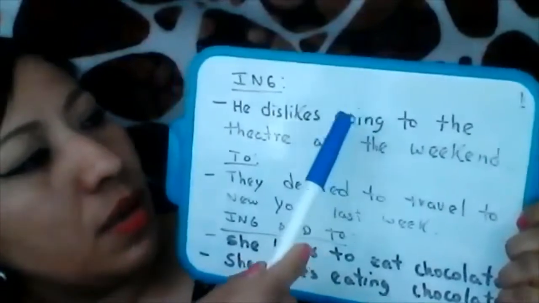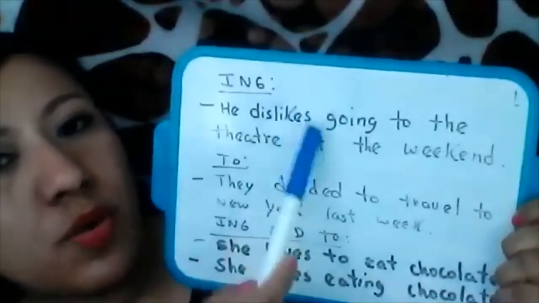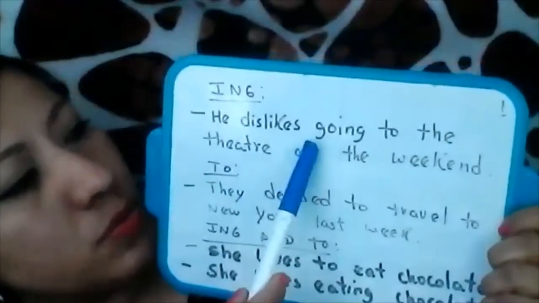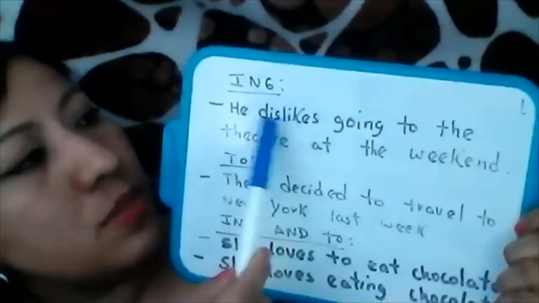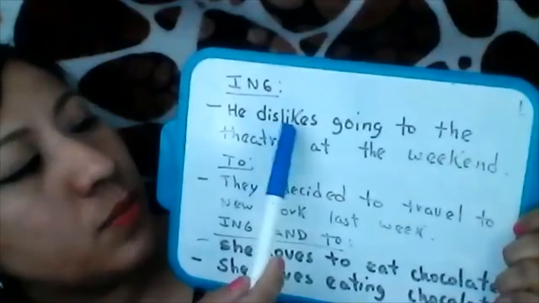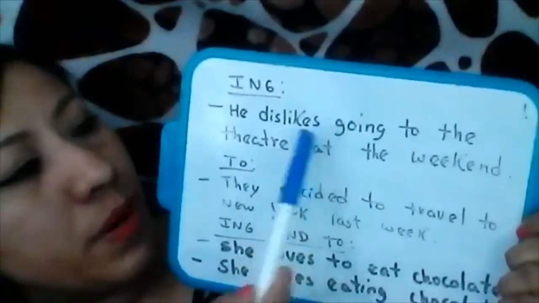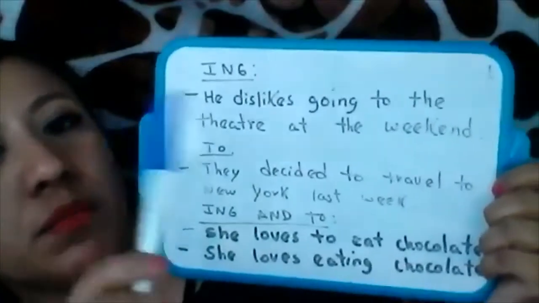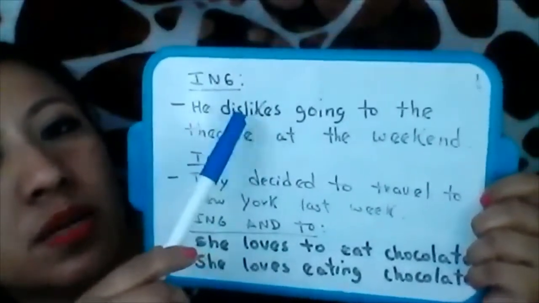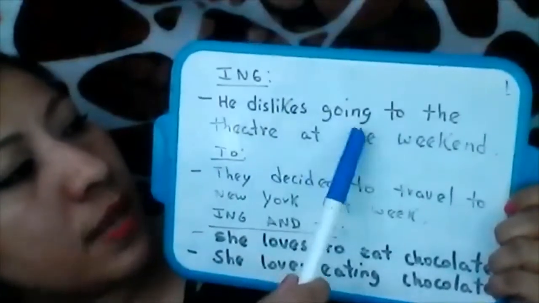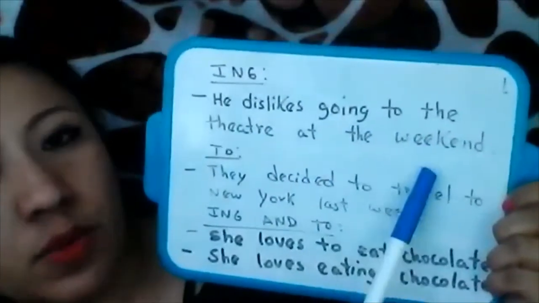Okay, in the exam you have to remember which one is followed by ing or to. But suppose that you think that dislike is with the infinitive and you put dislike to go. Here in this part it is not possible, okay? Because this one allows only ing. We can say he dislikes going to the theater at the weekend.